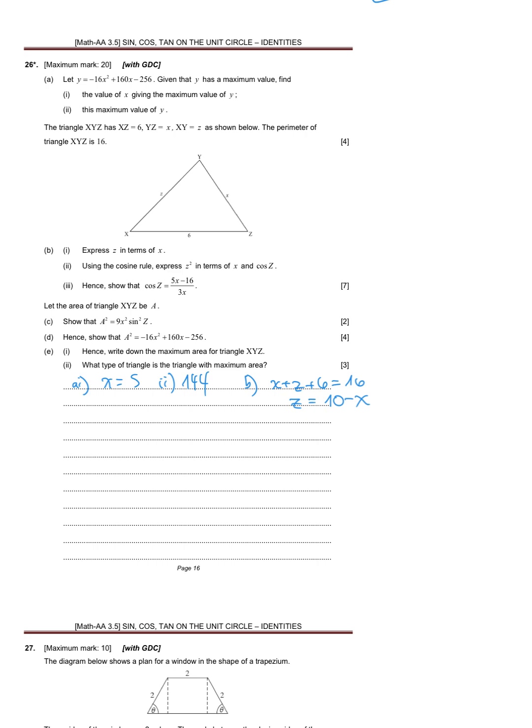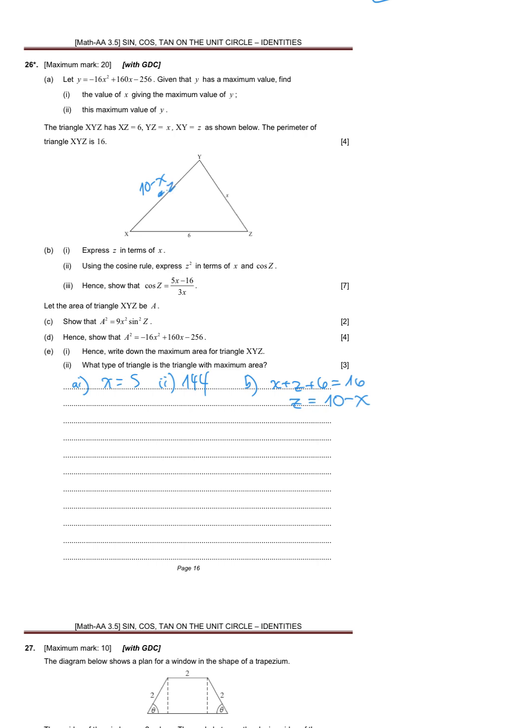Now, using cosine rule, so z is 10 minus x. And we want z squared in terms of x and cosine z.